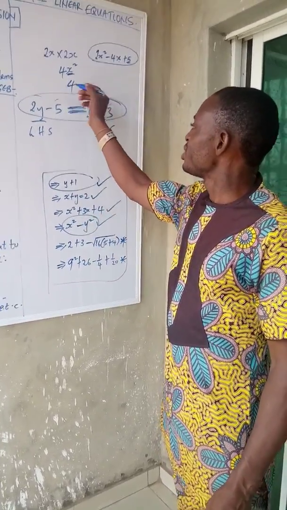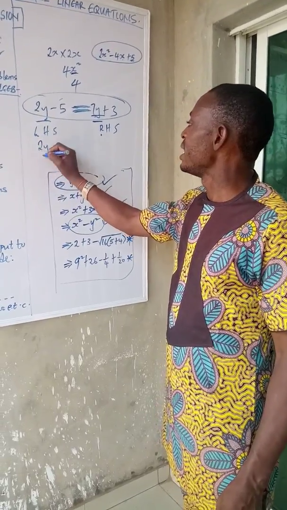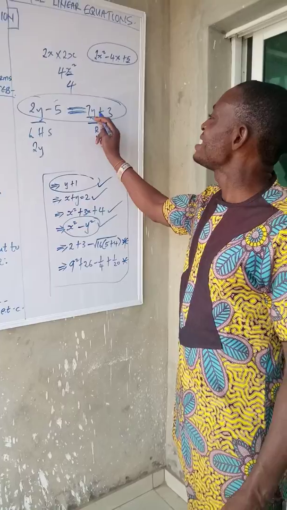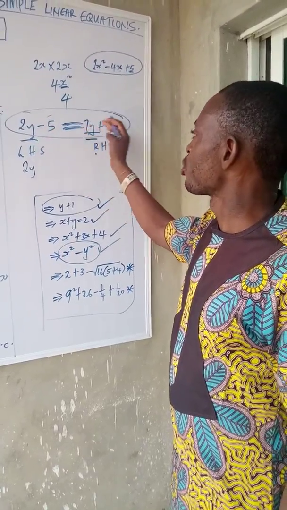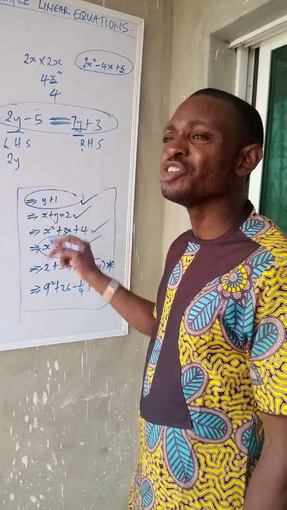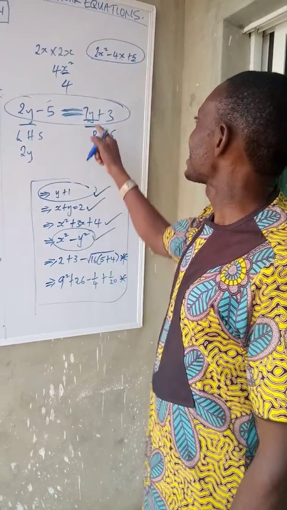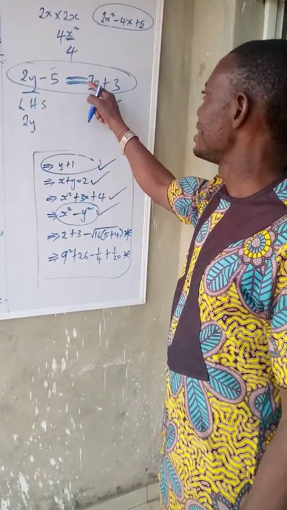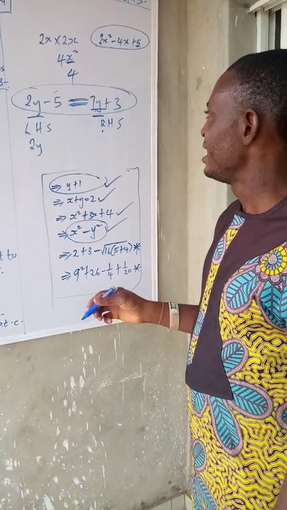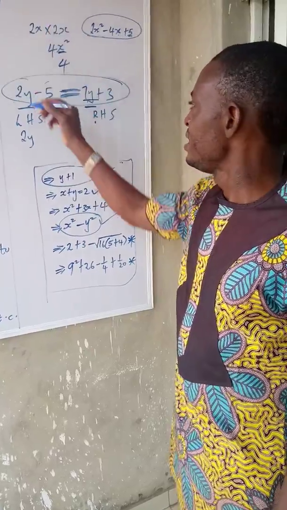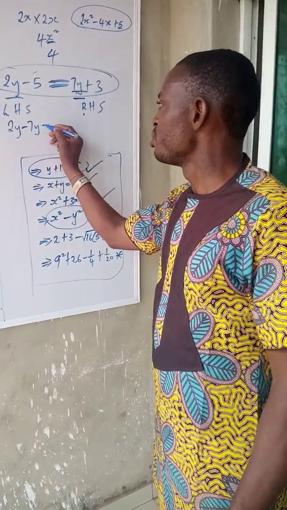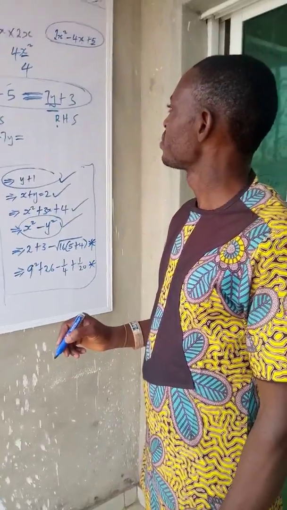Now, by doing that, you have 2y. Whenever an entity jumps the bridge, whether from right to left or from left to right, the sign of that entity will change. There's a sign in front of this 7y, and that sign is the invisible plus sign. The moment it jumps to the other side, it will turn to minus 7y. The bridge doesn't move, it's still there.